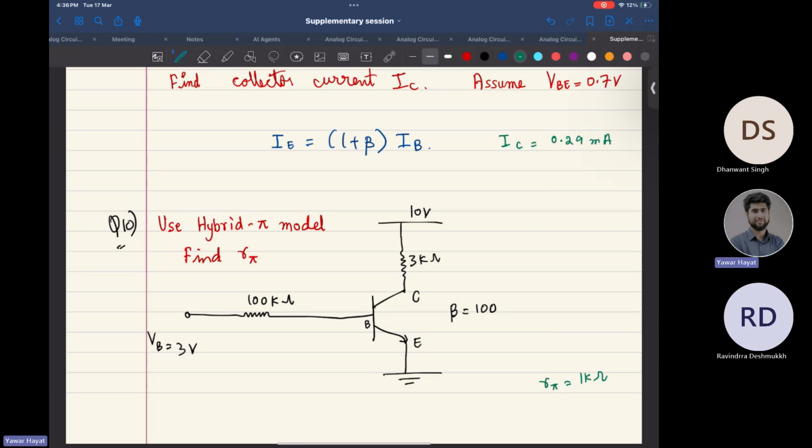Ravindra, Dhawan, no? No suggestions? Okay.